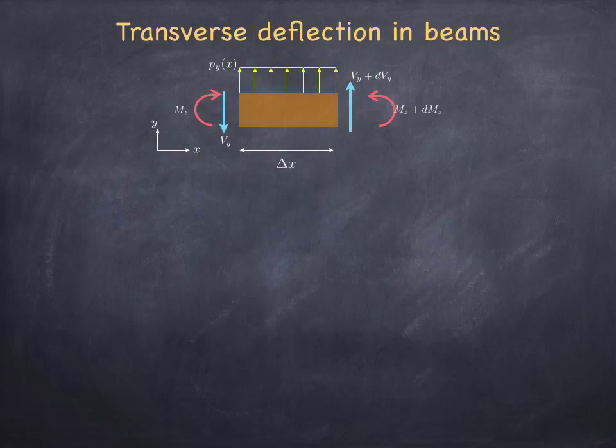So on the left end of the beam, which is located at x away from the origin, the resultant internal moment is Mz. The positive direction is clockwise. The resultant shear force is Vy. The positive direction is downwards. And on the right end of the beam, which is located at x plus delta x away from the origin, these quantities may have changed and attain new values.